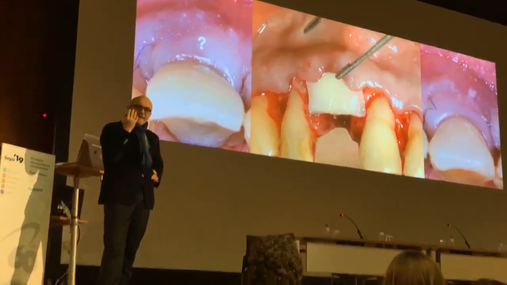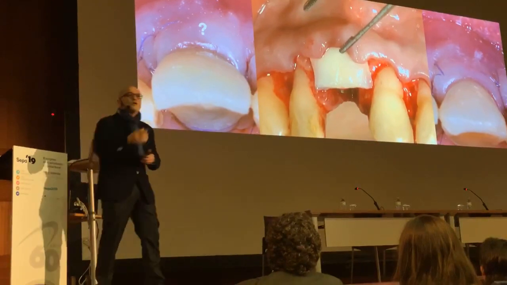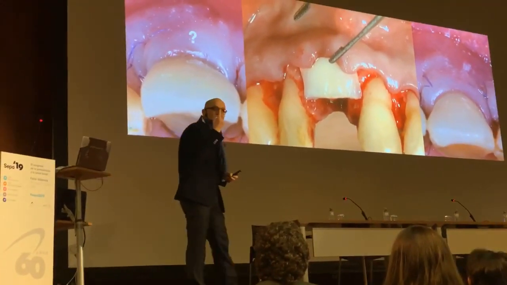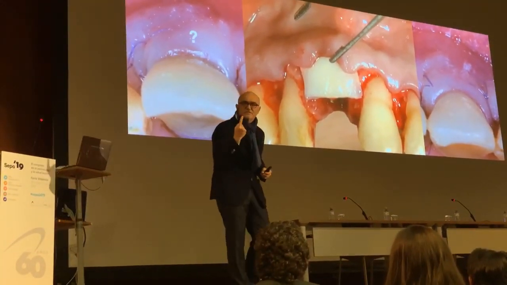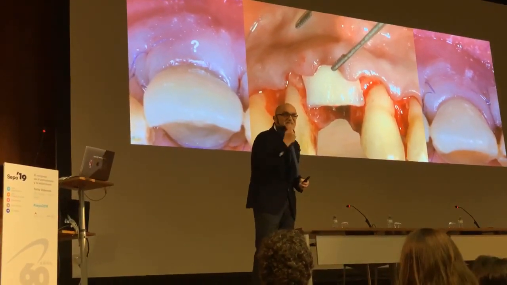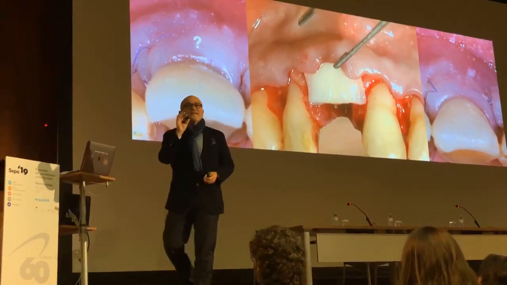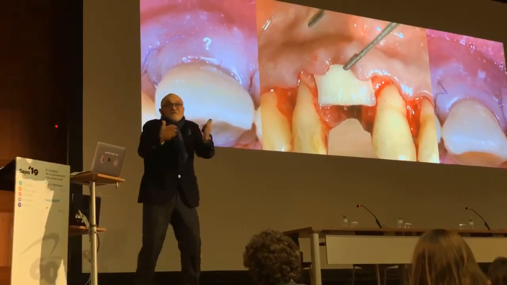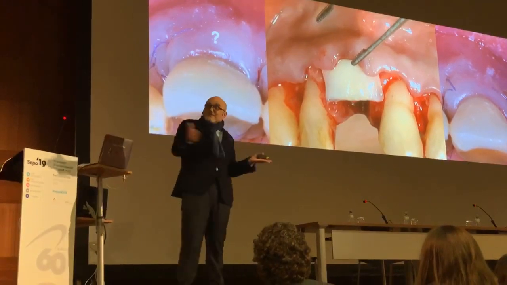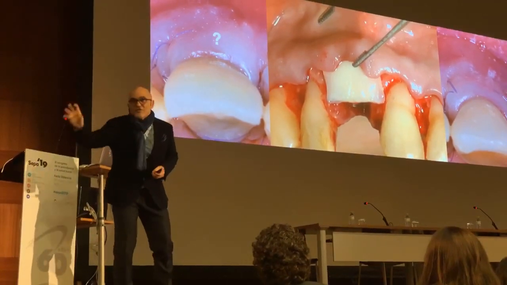So I really think that, yes, there are many streets to go wrong, but there is only one street to place the connective tissue graft in the right position. This is by making a coronally advanced flap. Because I want to be sure that the connective tissue graft is not at the level of the bone. If there is bone, I don't need the connective tissue. The bone should be where there is the root at the level of the adjacent tooth.